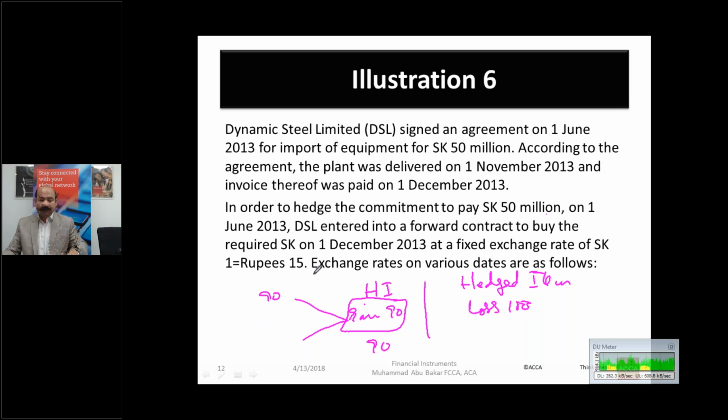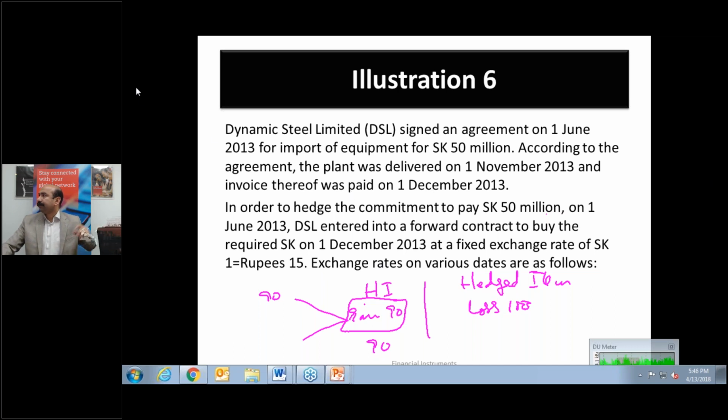Okay, yes, the illustration. Illustration number 6. Dynamic Steel Limited signed an agreement on 1st June 2013 for import of equipment for SK 50 million. SK is used for any foreign currency.